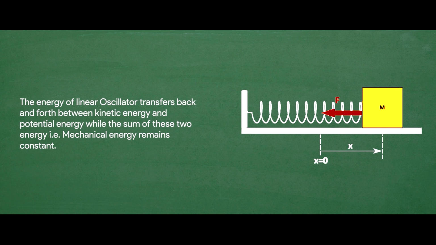As I have already stated, as per the law of conservation of energy, the total mechanical energy remains constant. But what changes in the process is that when the body is executing simple harmonic motion, the transfer of energy takes place. So the transition here is between potential energy and kinetic energy.